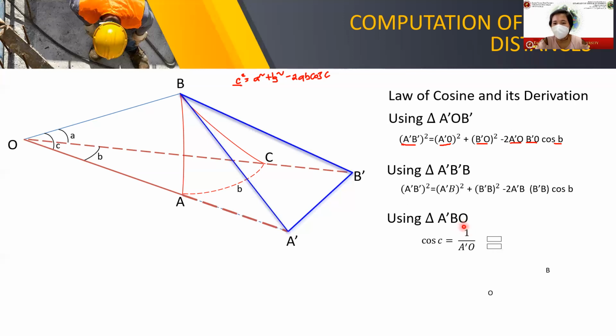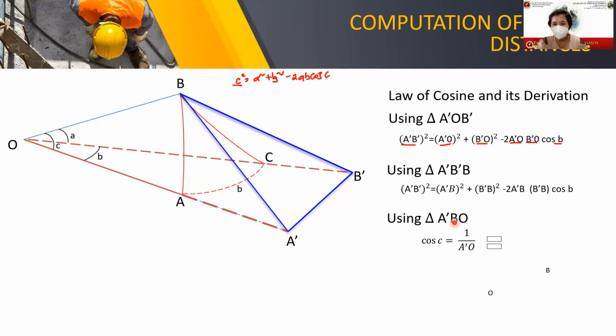So, we take a unit portion or, for example, a unit circle of the sphere. So, cosine of your C, yung adjacent niya is this one, A to B, which we denote equal to 1. And ating hypotenuse ay yung projection natin na A O prime.